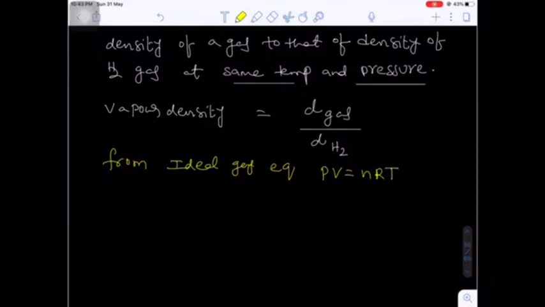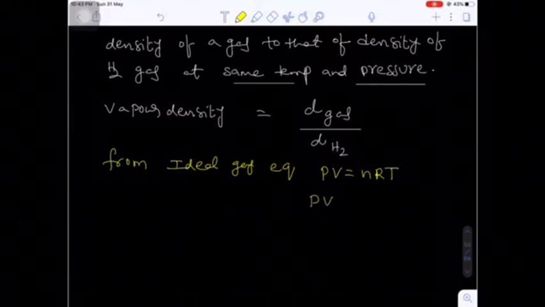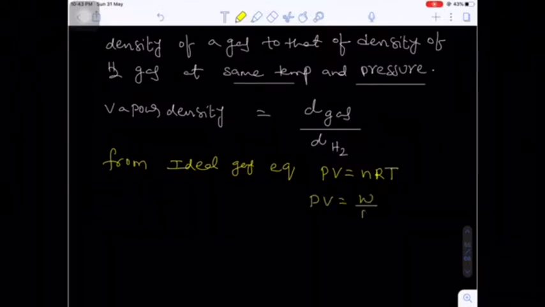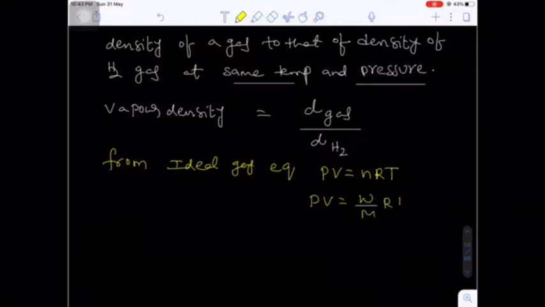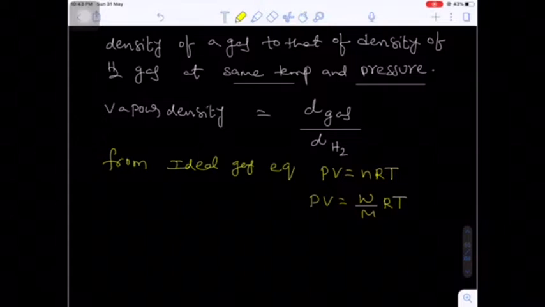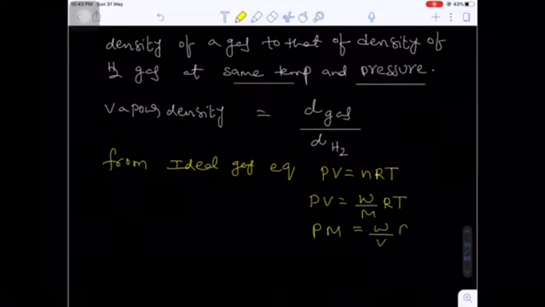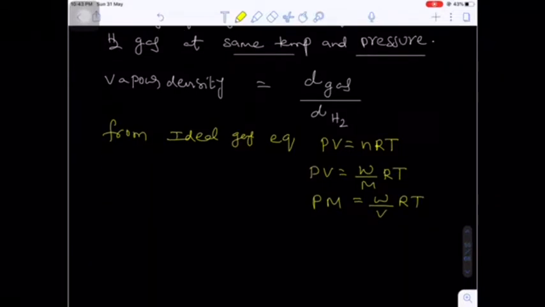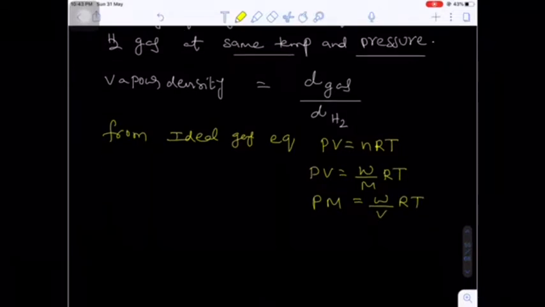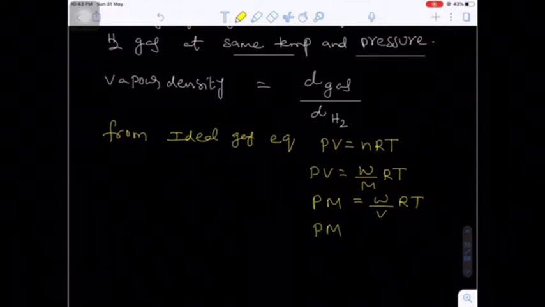Here the number of moles is nothing but the weight upon molecular weight, into R into T. Cross multiplying, P into molecular weight is equal to weight divided by volume into R into T. Weight upon volume is called density.